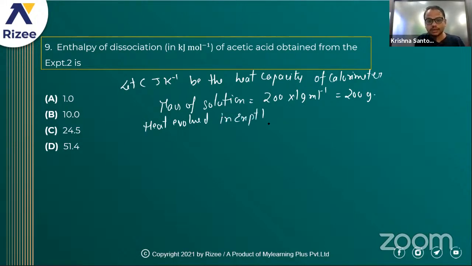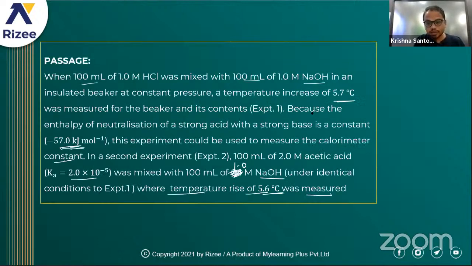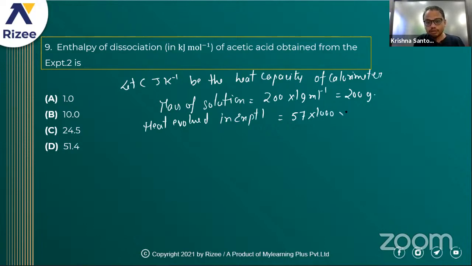The heat evolved in experiment 1 will be 57 kilojoules per mole, because it is a constant value for a strong acid and a strong base. 57 into 1000 into 0.1 mole, so you will get the heat as 5700 joules.